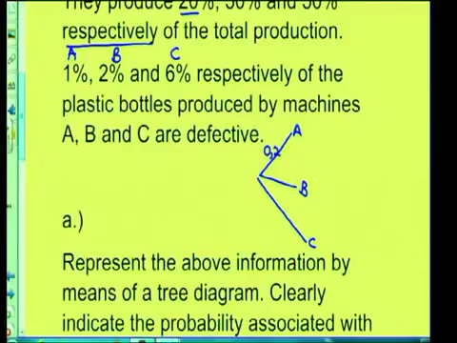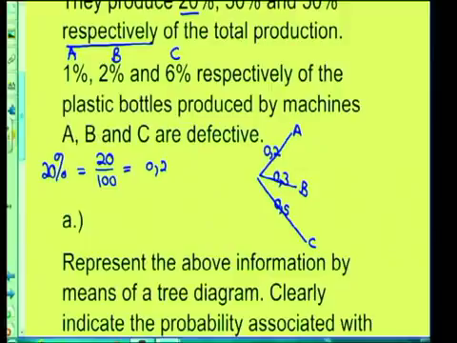Because remember, we talked about 20% is equal to 20 over 100, which is equal to 0,2. And you can decide whichever one you fancy to use. In this case, I think I would use decimals. So doing that, I go to B now, and they say it's 30%, so that's going to be 0,3. And to get C is 0,5.